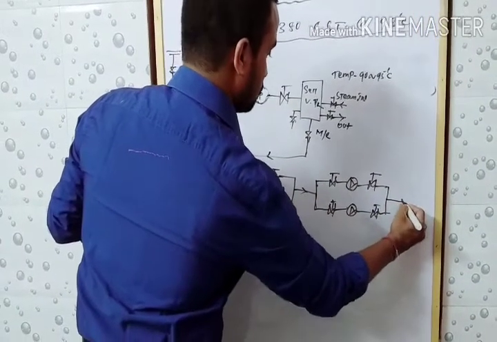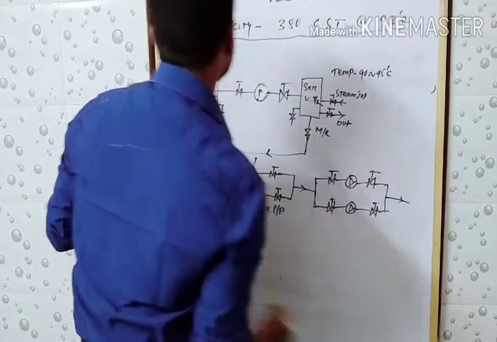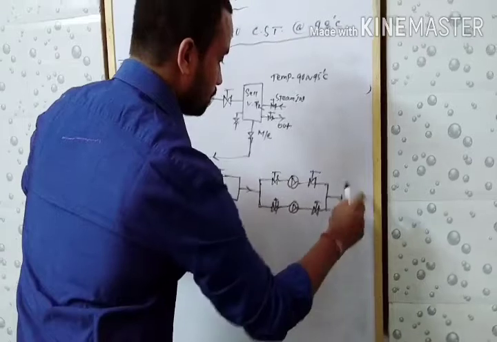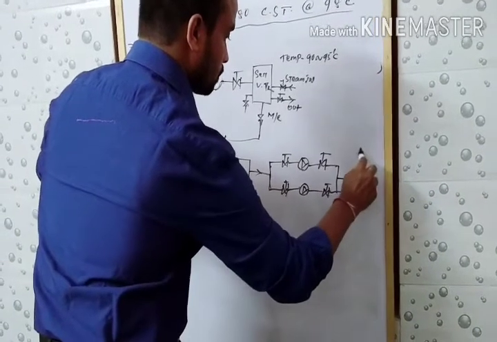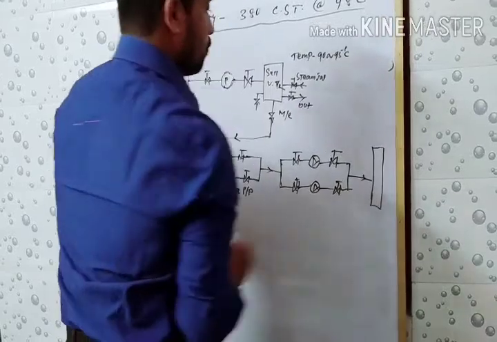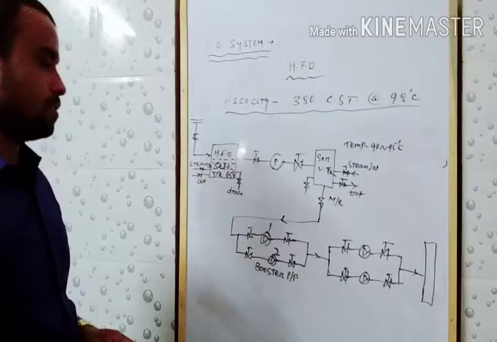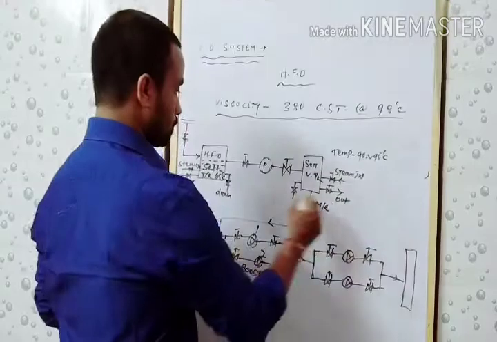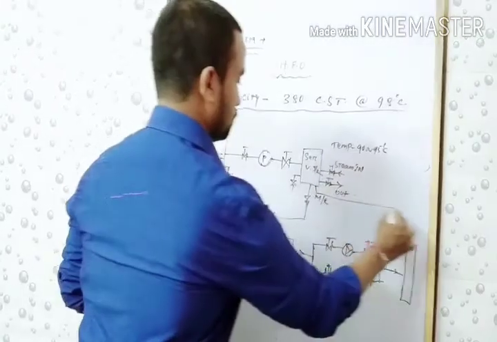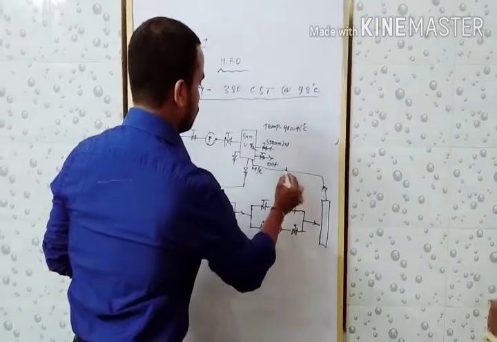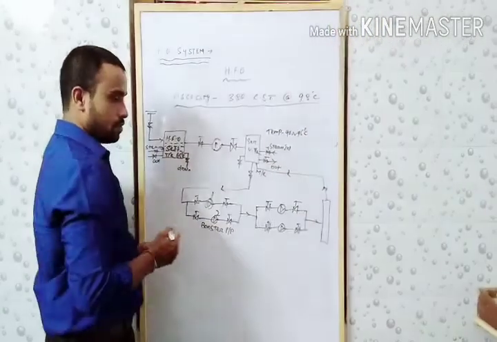Then it goes to the viscotron. Why is the viscotron given? The viscotron is generally used for mixing the two fuel oils, and also for maintaining the pressure difference between the two fuels with different temperature grades.